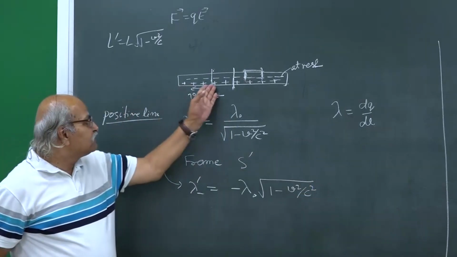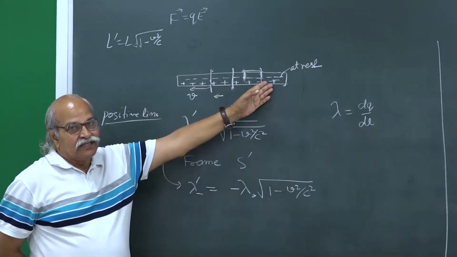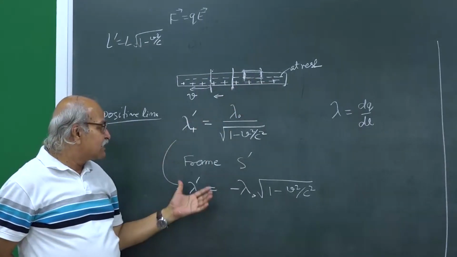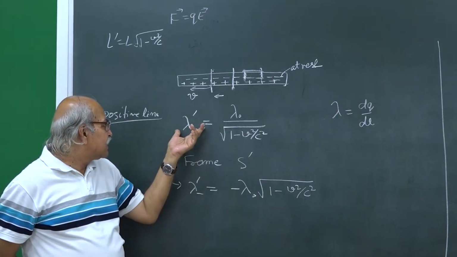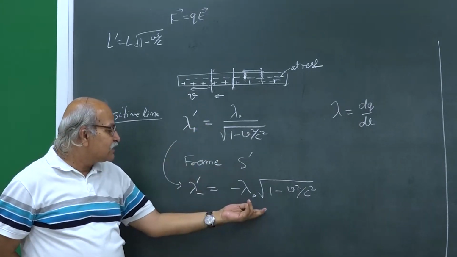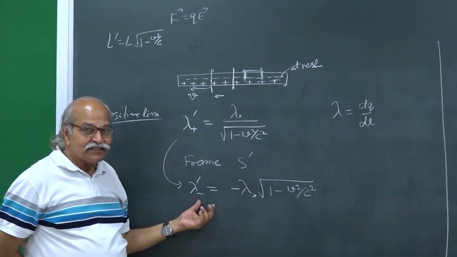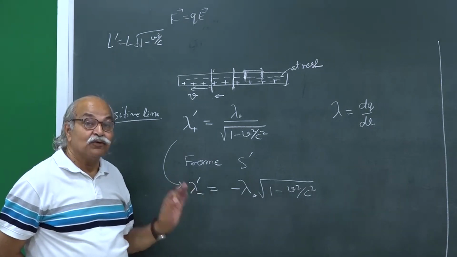So, you have positive charges in the wire, you have negative charges in the wire, but then the linear charge density for the positive line is not the same as the linear charge density for the negative line, and therefore, the net charge density is not 0.